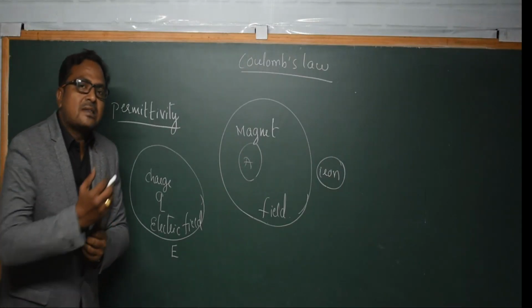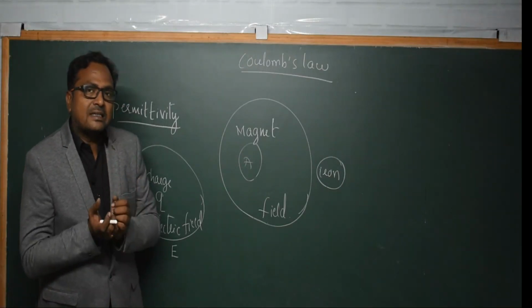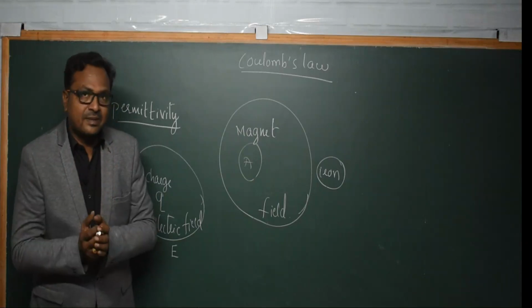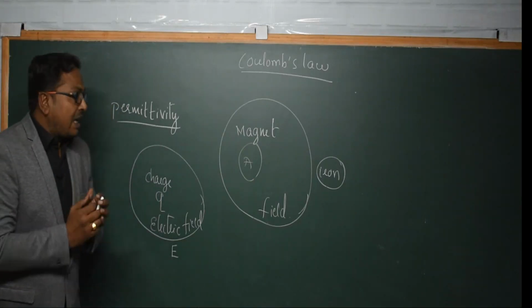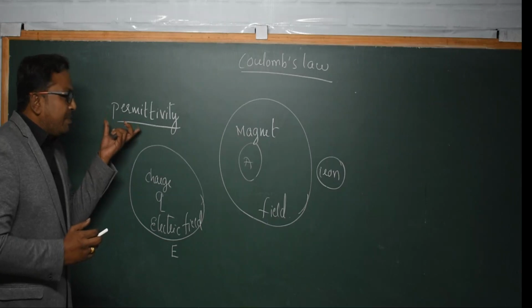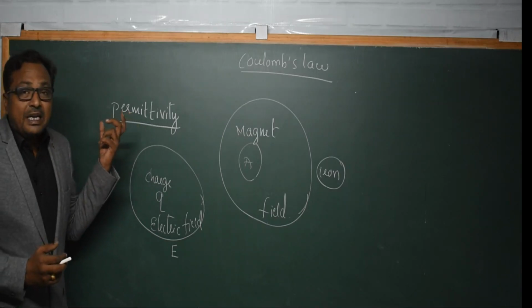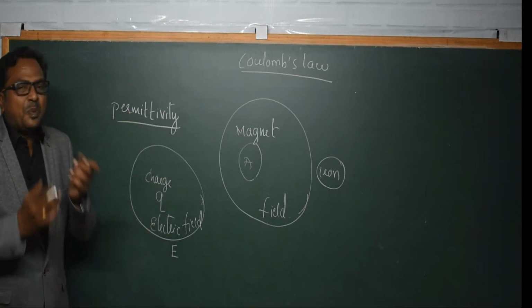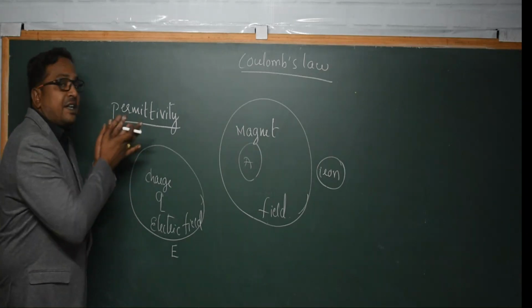How much force the charge experiences tells how strong the field is. So what do you mean by permittivity? It is the ability of the material to permit the electric field.